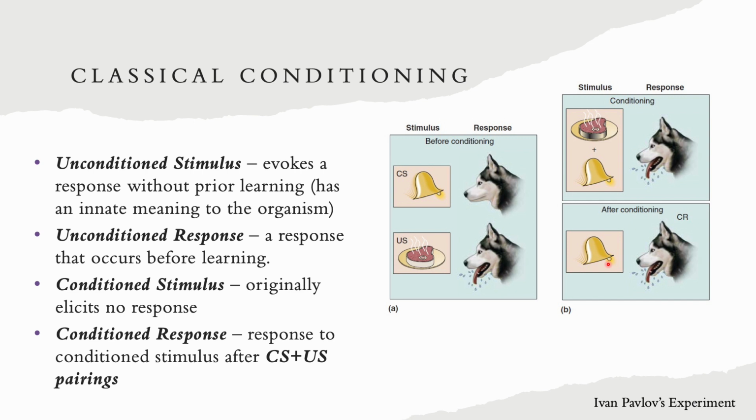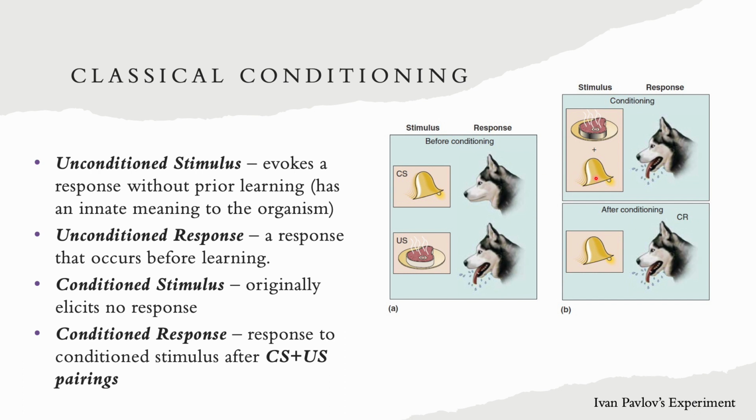Let's walk through this experiment in a little more detail because I want to make sure that this is very clear to everyone. So first, before conditioning, when the dog heard the conditioned stimulus, a bell, it originally did not have a response. However, meat is an unconditioned stimulus that is going to induce salivating in the dog.